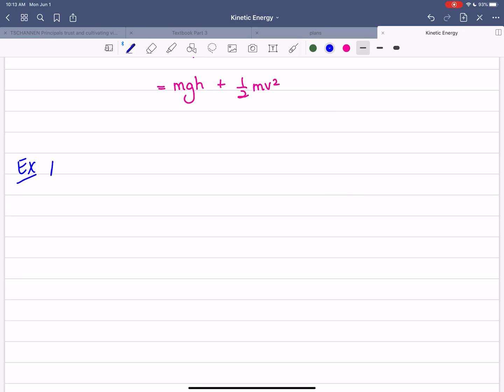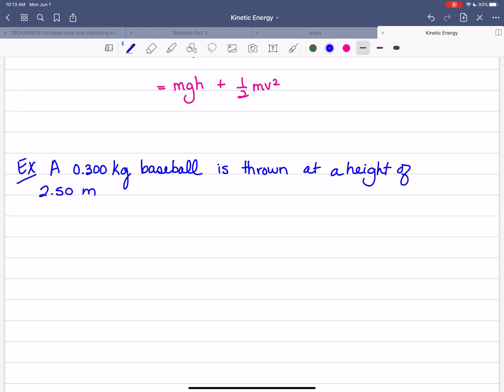And a simple question on here, I'm not going to dwell too much on different kinds of questions here. So a 0.300 kilogram baseball is thrown at a height of 2.50 meters above the ground and a speed of 20 meters per second.